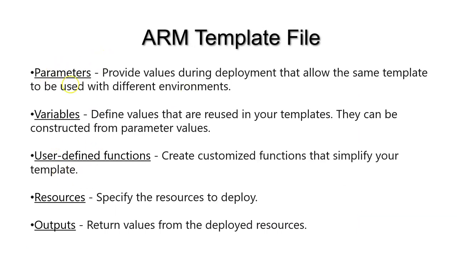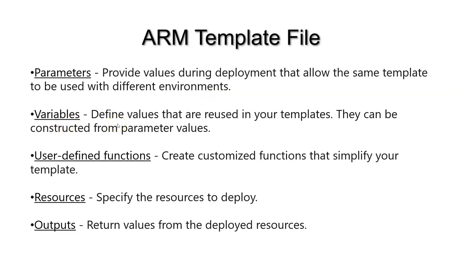These are the main components of your template file: parameters, variables, user defined functions, resources, and outputs. I'm going to show you in the code as well. Parameters are usually used to take the values. For example, you can declare a value under the parameters and use it under your resources. Provide values during the deployment that allow the same template to be used with different environments.